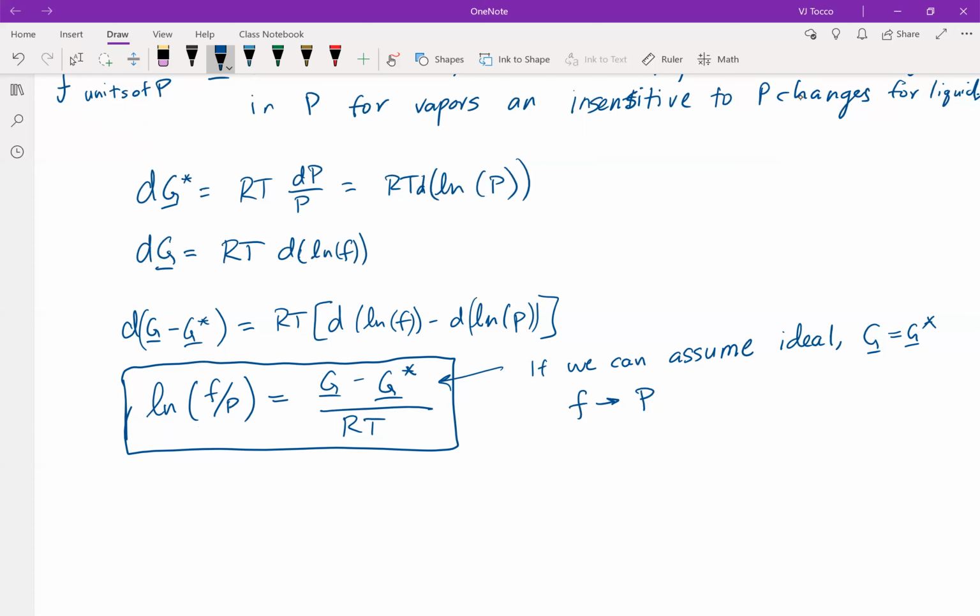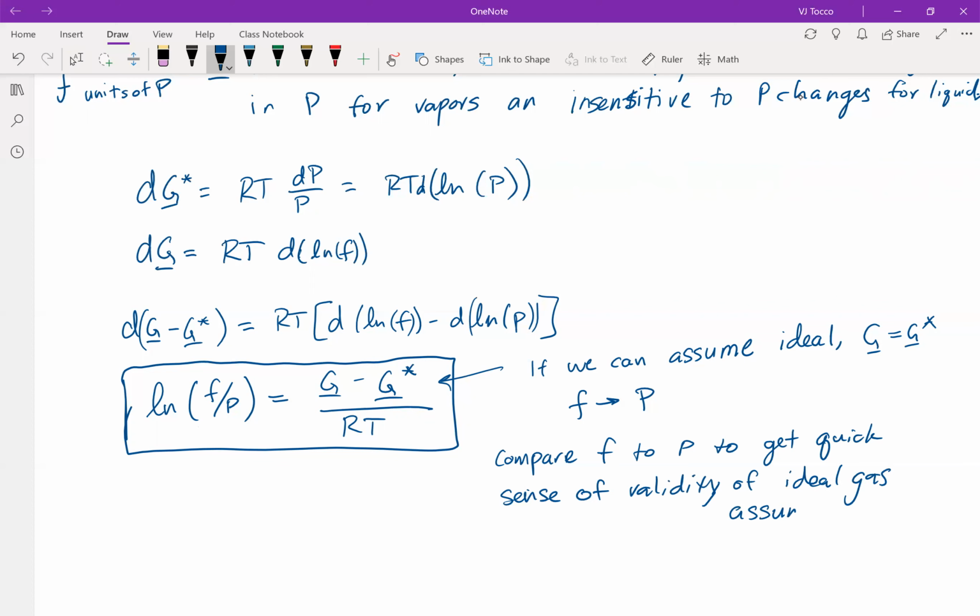So the point of this is, if I compare f to P, I get a quick sense of the validity of the ideal gas assumption.